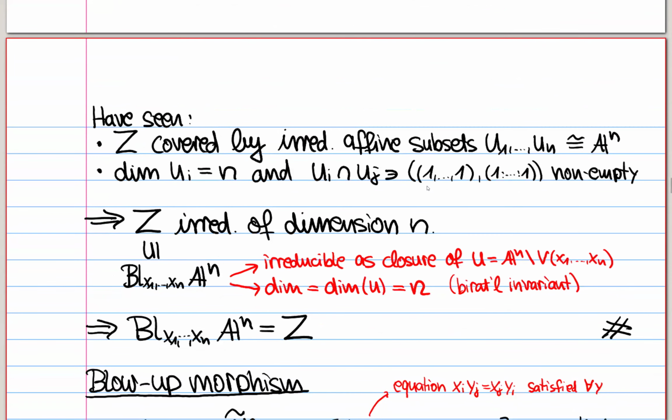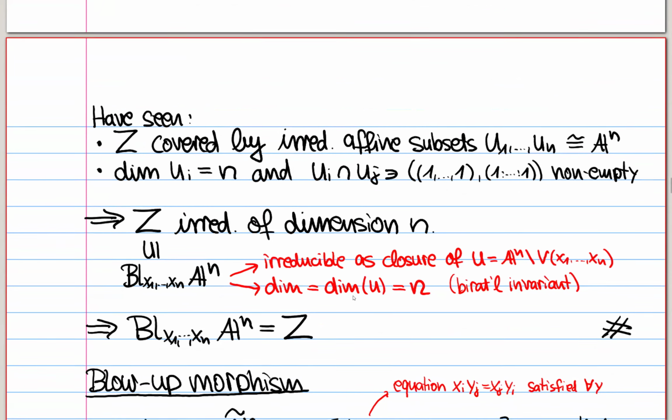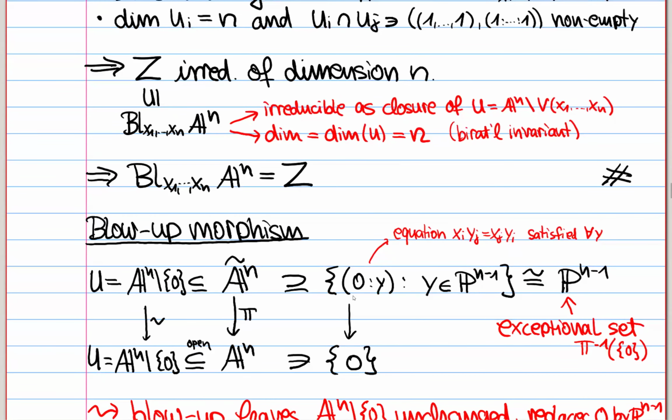And let's see now this blow-up morphism. Let's describe it a bit more in detail. So we have this blow-up morphism, A^n tilde going to A^n, and we know on the complement of the vanishing locus of all these functions, x1 up to xn, so in other words, on the complement of the origin, this is an isomorphism.